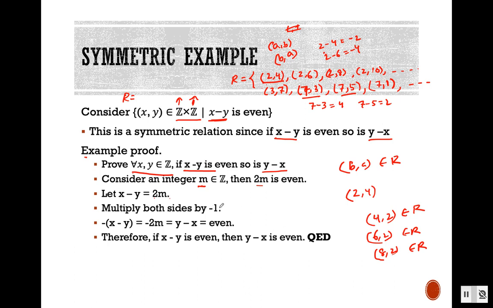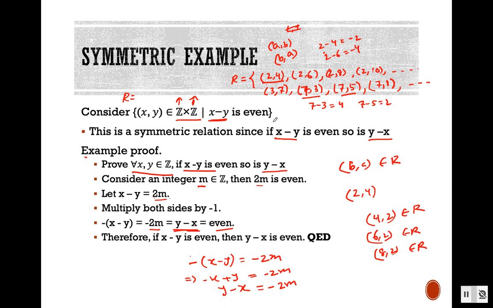Multiply both sides by minus 1: minus x plus y equals minus 2m, which is y minus x equals minus 2m. If 2m is even, minus 2m is also even. So this proves that y minus x is also even.